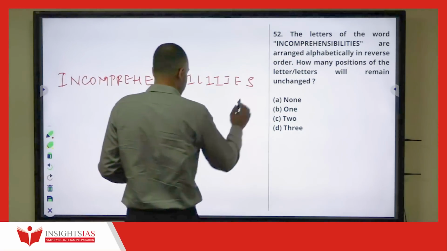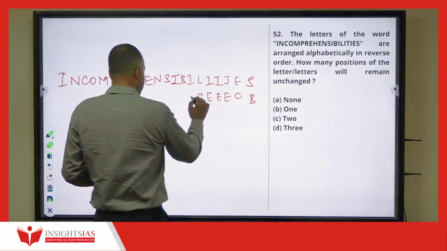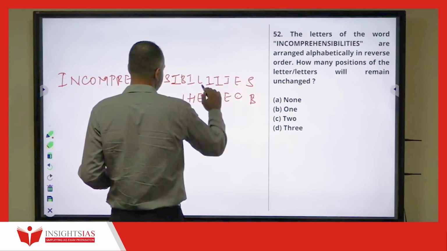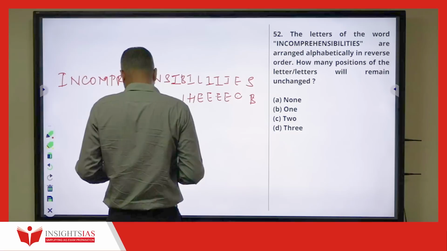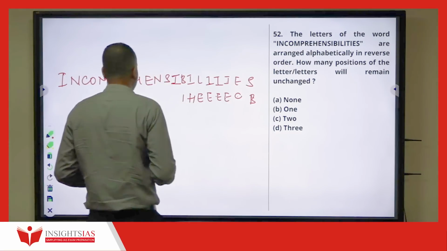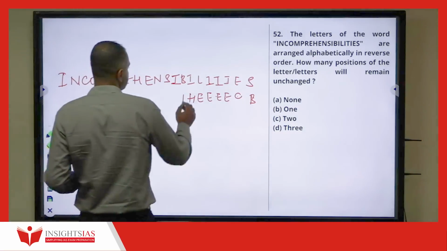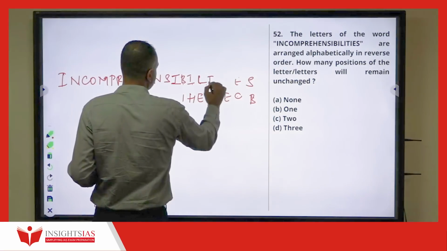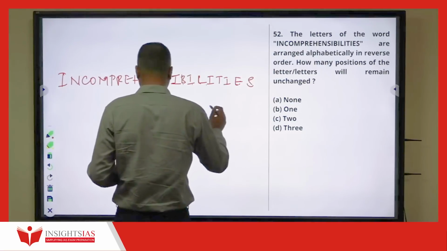I am arranging this one in reverse order: B, C, triple E, H. The word is incomprehensibilities.